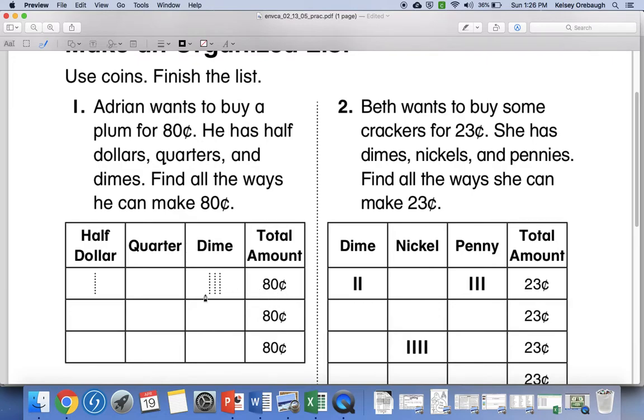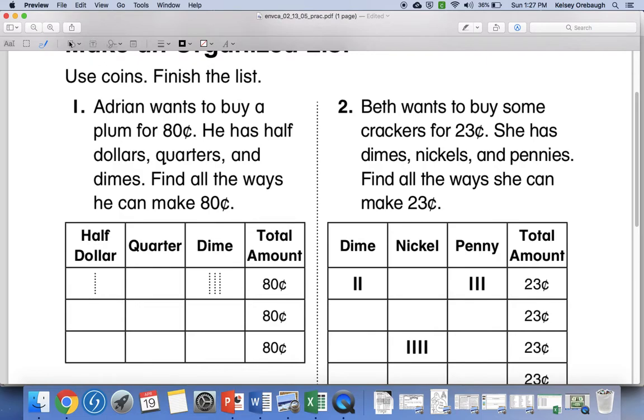All right. Let's think of other ways he can use half dollars, quarters, and dimes to make 80 cents. Well, we've already used the half dollar and dimes combination to make 80 cents. Would a half dollar and a quarter work? Let's think about that.